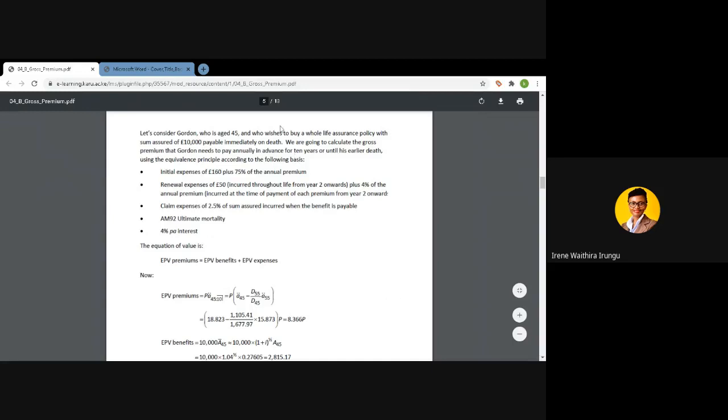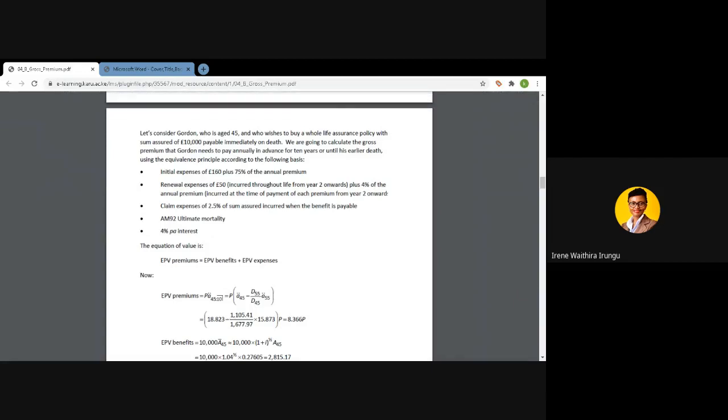So this first statement here gives us the type of contract, which is a whole life, and it is issued to a life aged 45, and the sum assured payable is 10,000. And we want to see how we can calculate the gross premium that he needs to pay in advance for 10 years or until his earlier death.